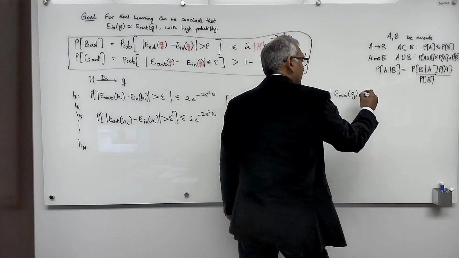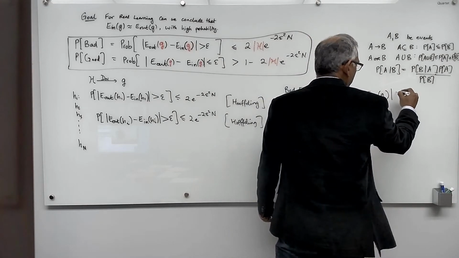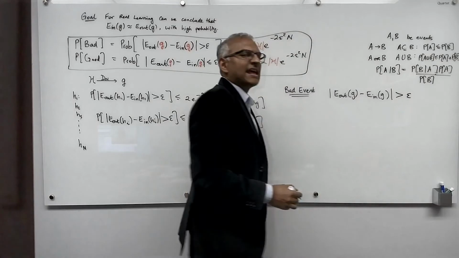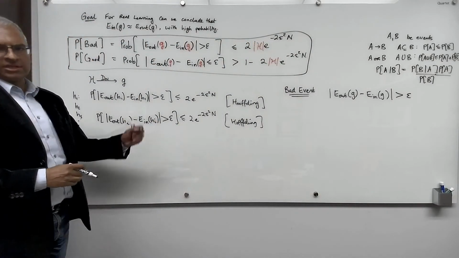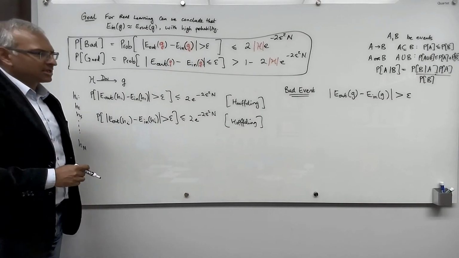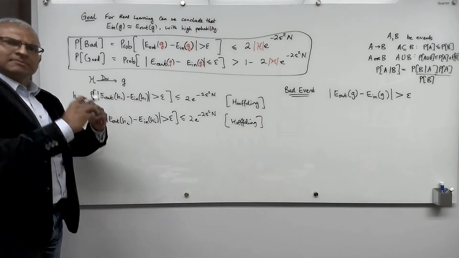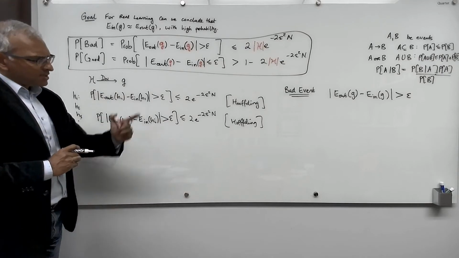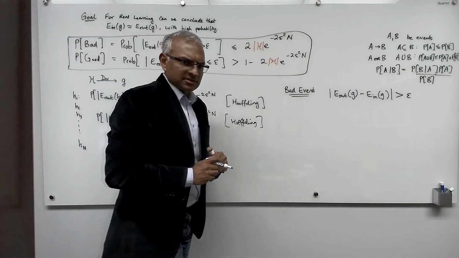That's the bad thing. We'd like to get a handle on the probability of this bad thing happening. But now look, we made this fundamental assumption that g has to come from H.